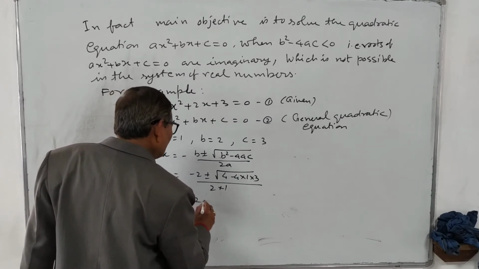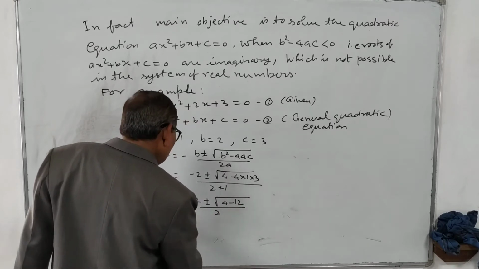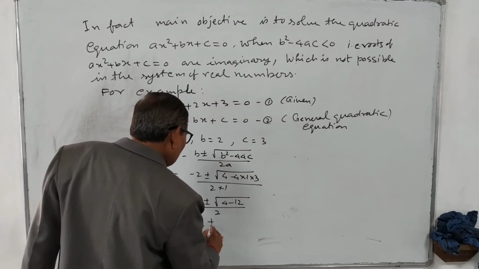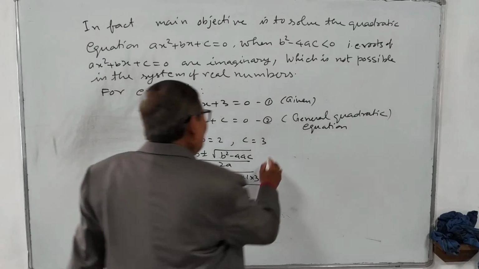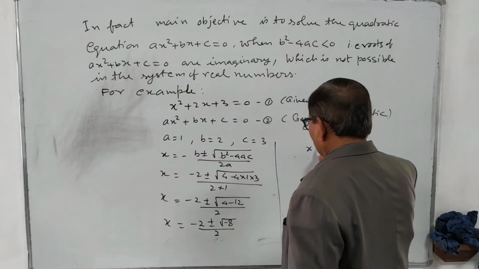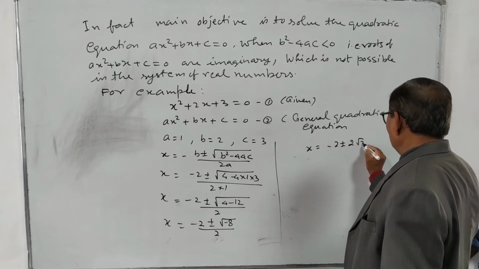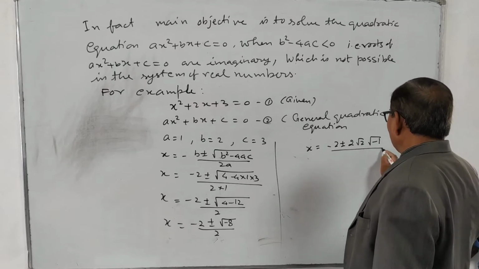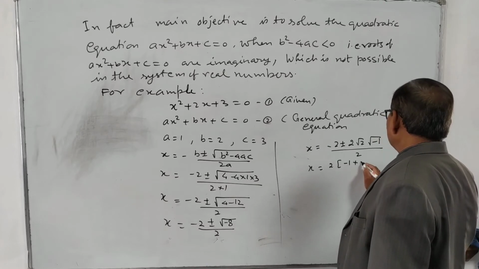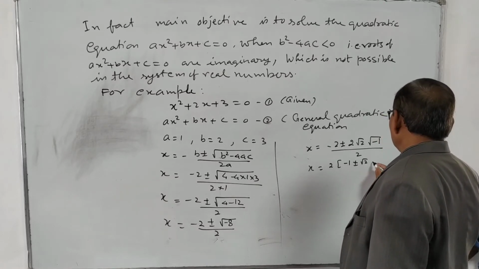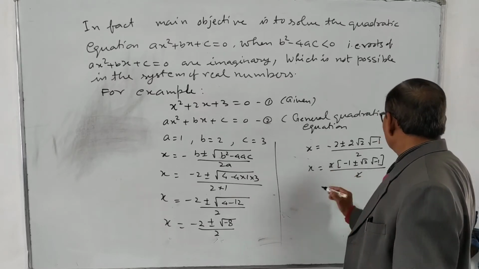So x is minus 2 plus minus under root 4 minus 12 upon 2, which is minus 2 plus minus under root minus 8 upon 2. You can write x equal to minus 2 plus minus 2 under root 2 under root minus 1 upon 2, that is 2 in the bracket, minus 1 plus minus root 2 under root minus 1 upon 2. This 2 and this 2 will be cancelled.